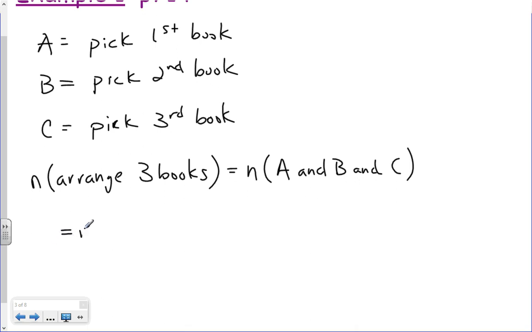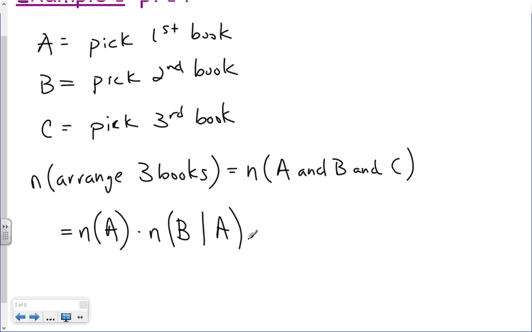When we go to calculate this, the first book, of course, doesn't matter. You can pick anything that you want. But once I pick the first book, this is like picking cards from a deck and not replacing those cards. There's fewer books out there now to pick from. So these are dependent events. When I multiply these, I've got to multiply by the number of ways of picking the second book, given that I've already picked the first book.